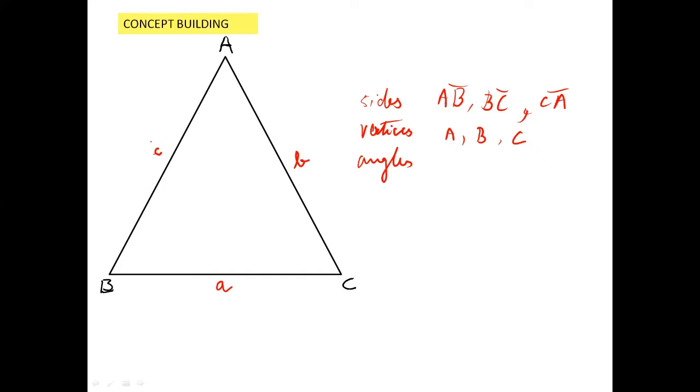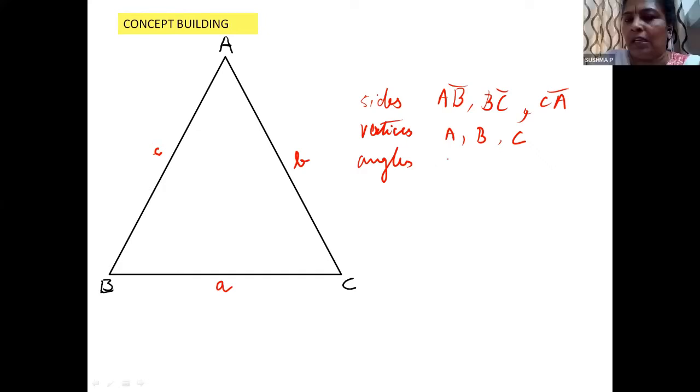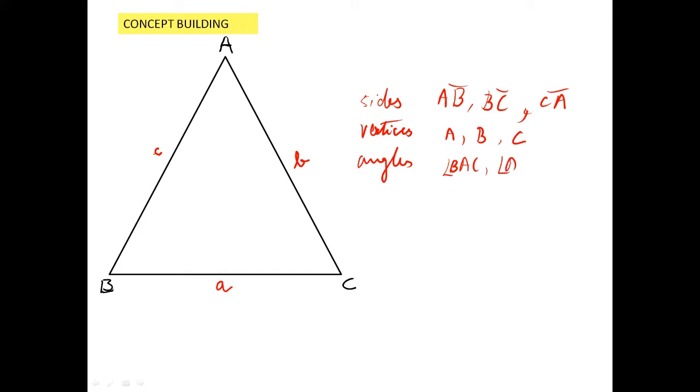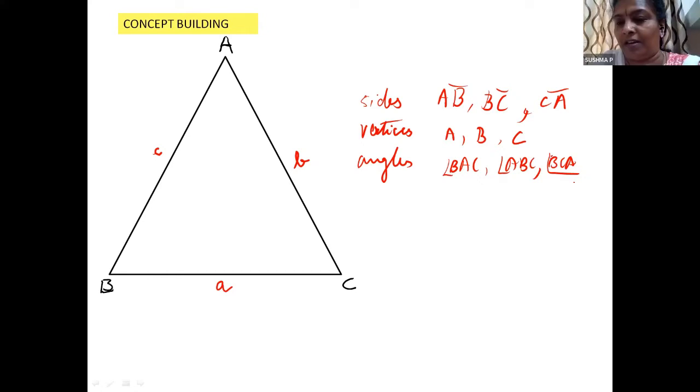Then naming angles, I know everybody will be able to do it. You can name it as BAC and BCE, right? Now the next thing I would like you to ask is, which is the side opposite to angle B?